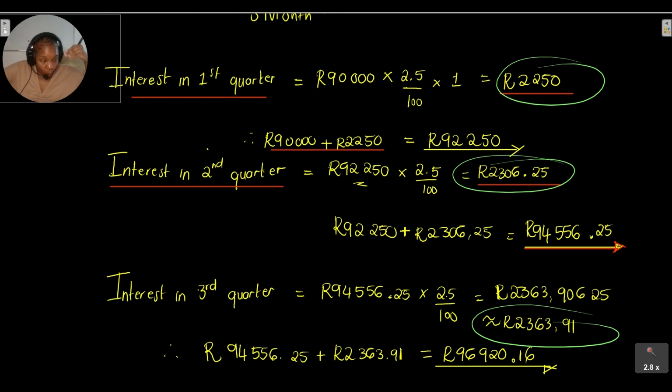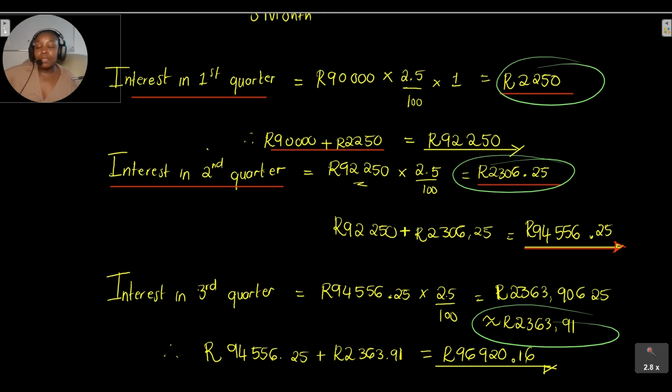So we need to go through all these steps to calculate how much you would have to repay after 9 months. This is one of those topics where you need to practice. You need to look at past papers that deal with compound interest questions.